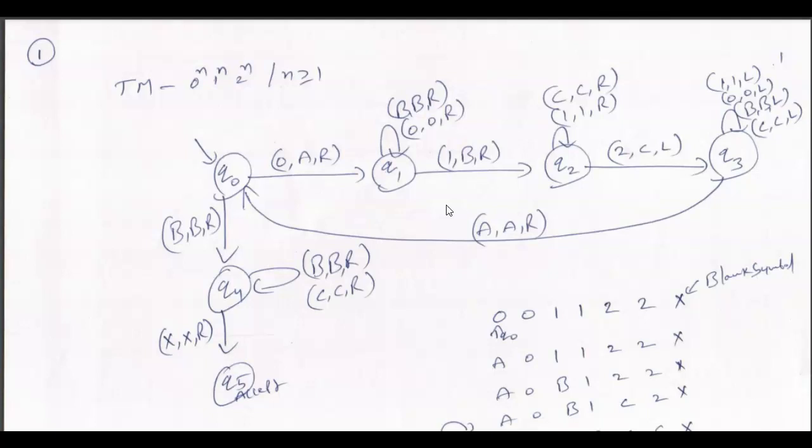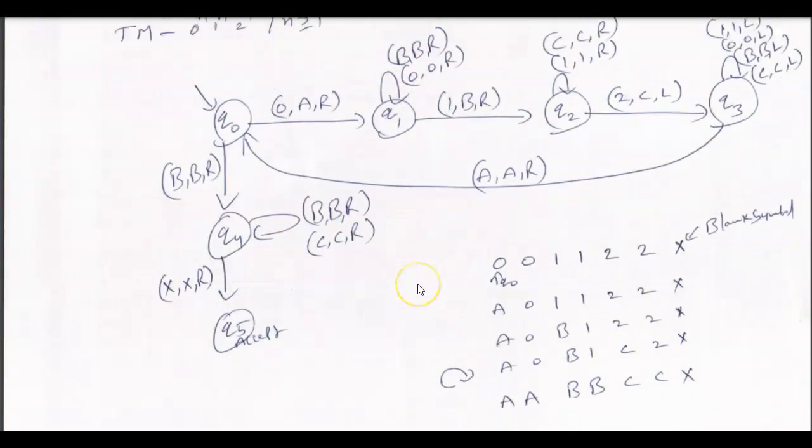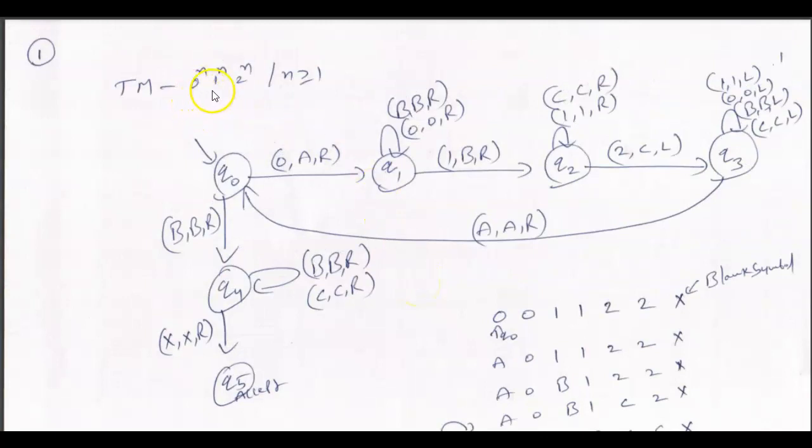That is the most important point, and all of this must be kept in mind while constructing the Turing machine. Here the logic is very simple: corresponding 0, corresponding 1, corresponding 2. In this way we process the entire string.